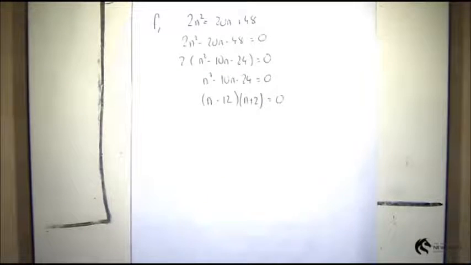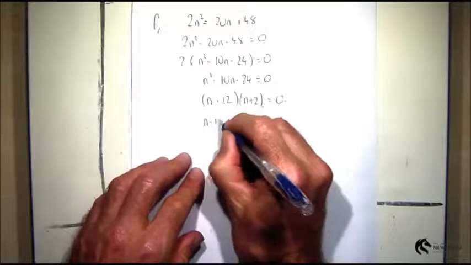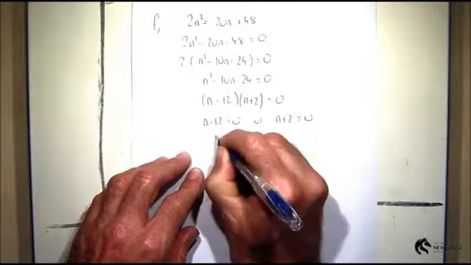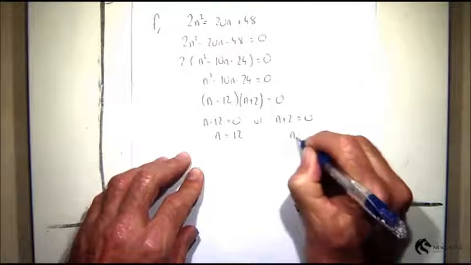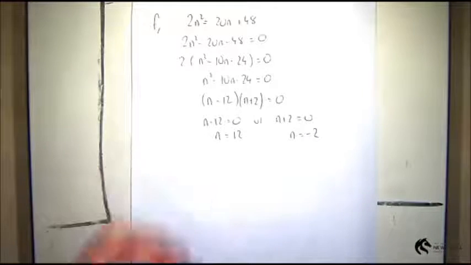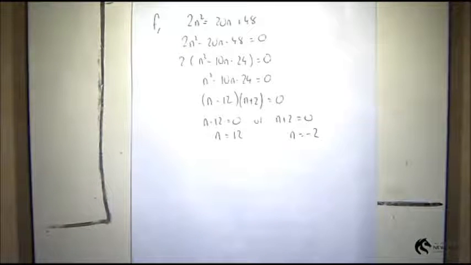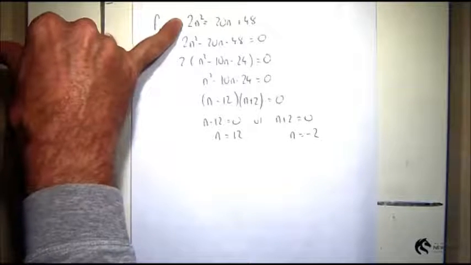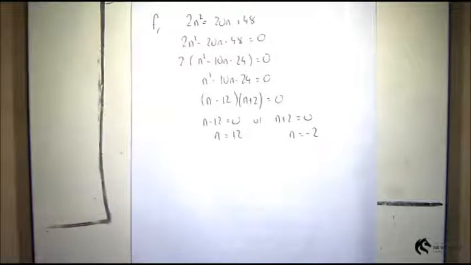And having done that, that says n minus 12 is equal to 0 or n plus 2 is equal to 0. So n is either 12 or minus 2. And were we to be worried, we could go back and substitute into the original equation and check whether we got it right or not. I'm not going to. I think I got it right.